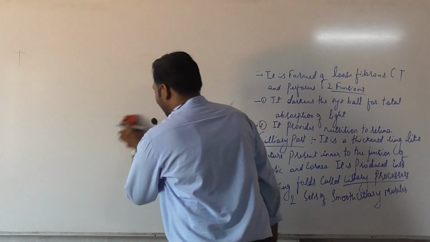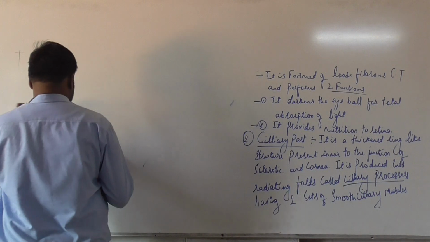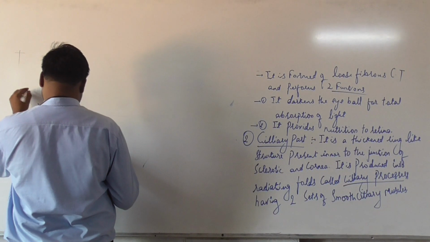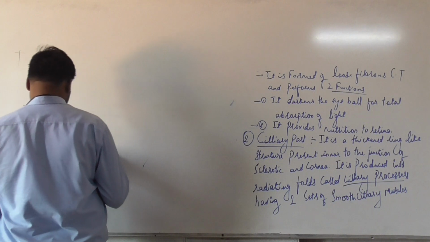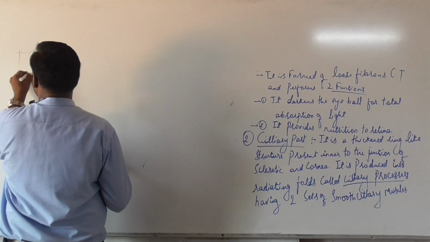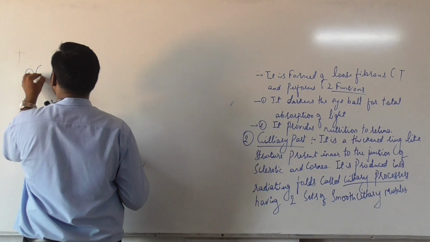See, just look at the diagram. You'll get to know what these structures are. The next. Now the first set of the ciliary muscles will be circular muscles.